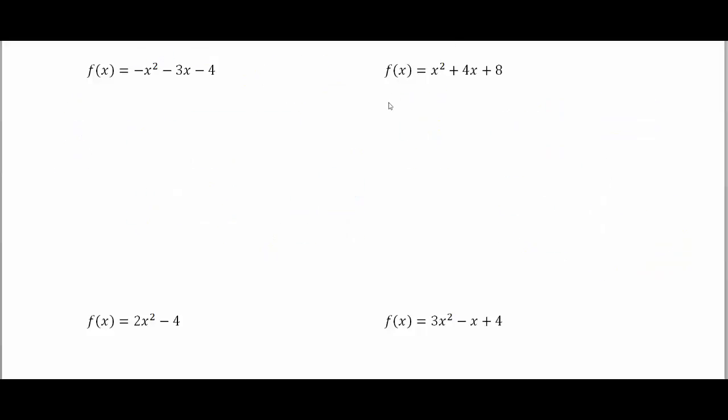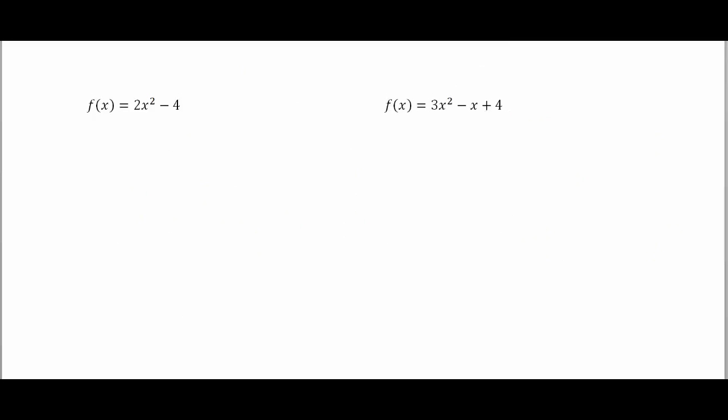For our final two problems here, we're going to work with more problems that cannot be factored. They're going to come out with some weird answers, be it imaginary or irrational. And yeah, you could factor a 2 out of this problem, but x squared minus 2 is not a difference of squares. So here is my quadratic formula input. But here's something interesting. You'll note that b is 0.